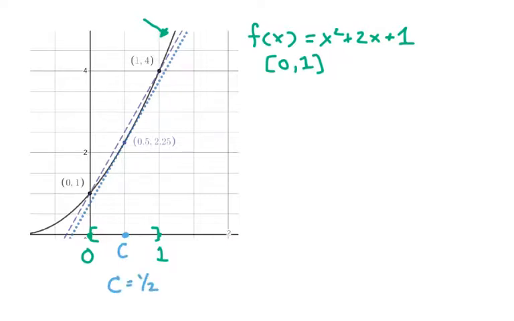And if you look, the purple line is the secant line between the points formed by 0 and 1.